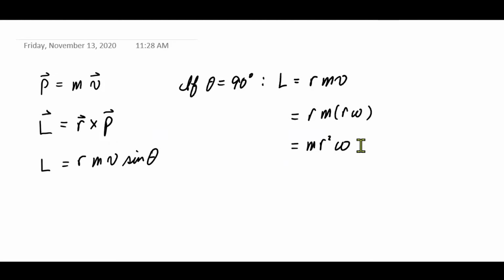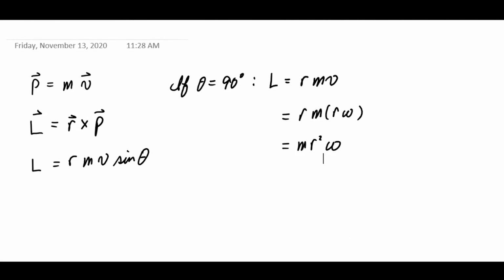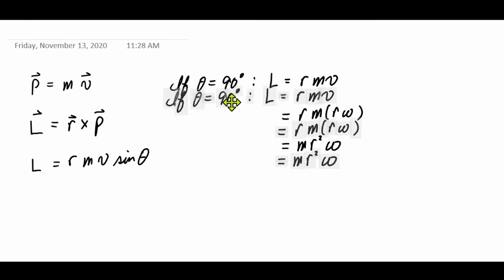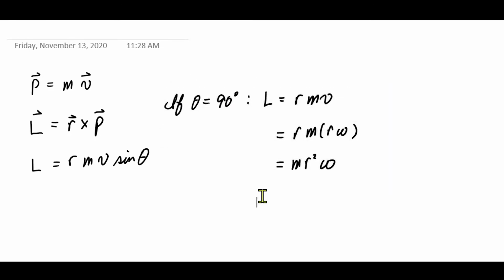That looks like moment of inertia to you, right? If it's a point mass in an orbit rotating. So now what we can conclude here is the angular momentum of the rigid body. So this is a point mass.